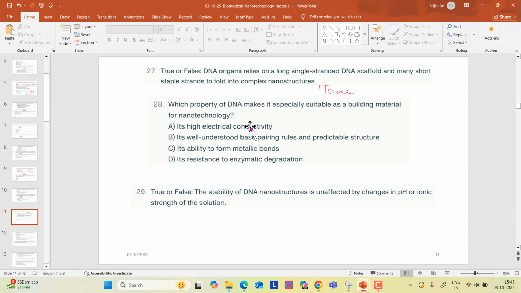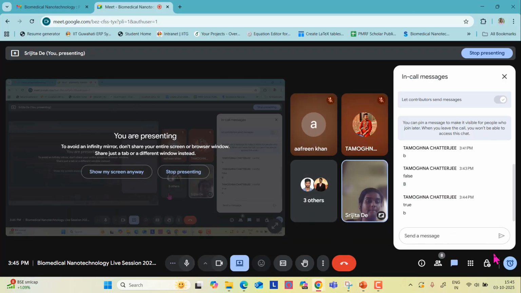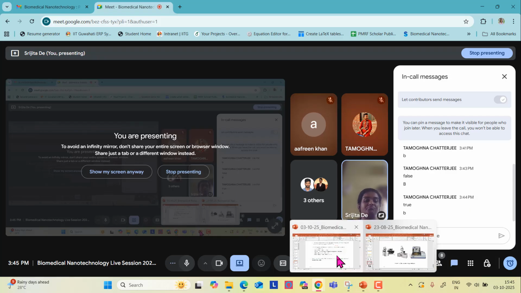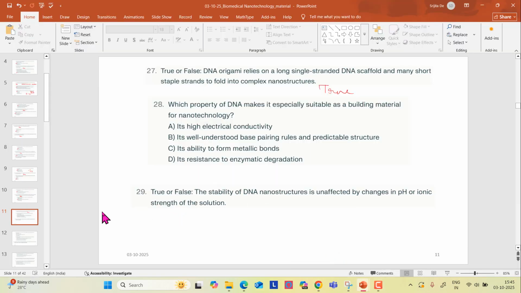Is it high electrical conductivity, its well understood base pairing rules and predictable structures, its ability to form metallic bonds, or its resistance to enzymatic degradation? Its well understood base pairing rules.